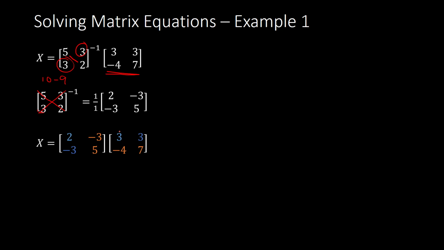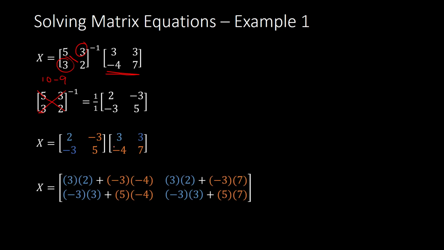So now when I multiply, I take the first row times the first column, so 3 times 2, plus -3 times -4. That's going to be for the top left. For the top right, I have the first row by the second column here, so 3 times 2, plus -3 times 7.